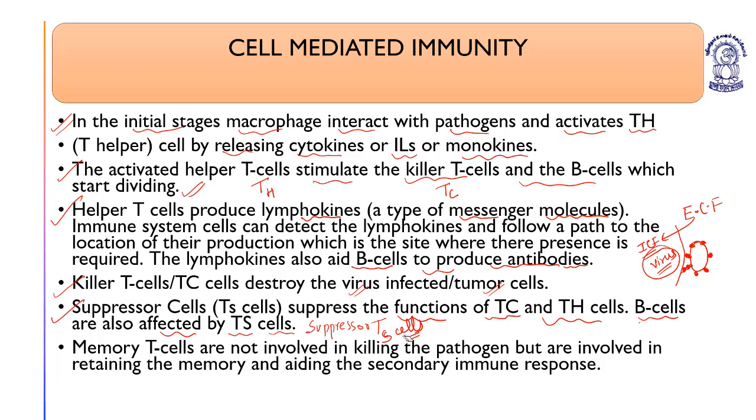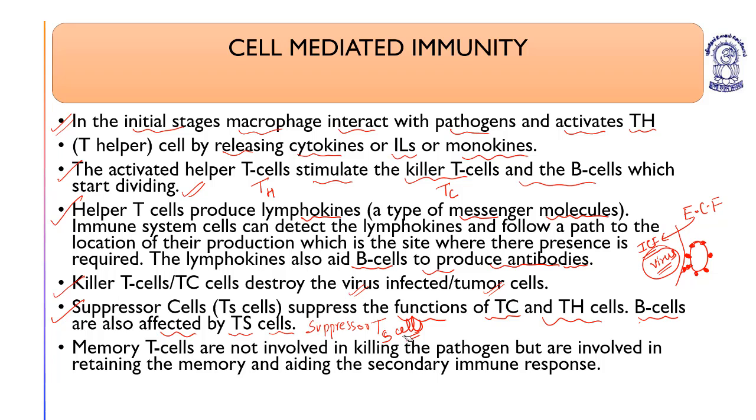These are the kinds of cells. The macrophage interacts with the pathogen and activates T helper cells. T helper cells secrete lymphokines, or cell mediators. These lymphokines act as messengers and are identified by the immune system cells, which follow the path from where the lymphokine is coming.